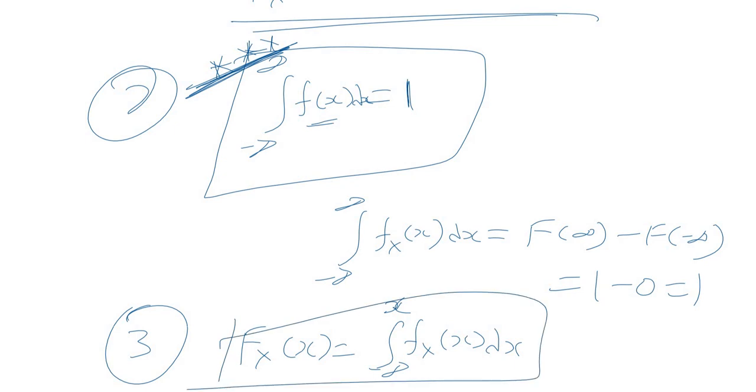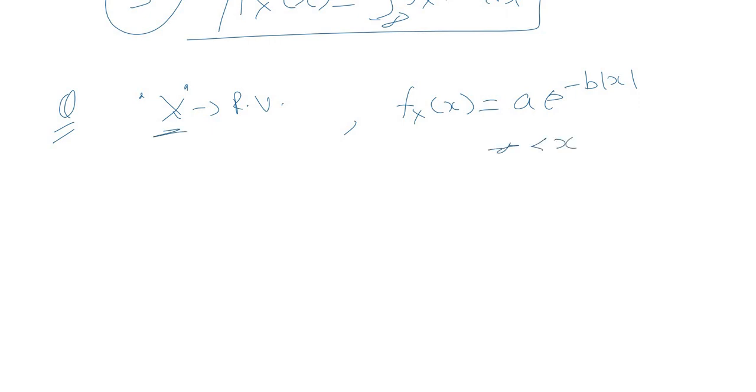Let's do an example based on the concepts studied till now. The question: a random variable x has the PDF a exponential of minus b modulus of x, for all values of x ranging from minus infinity to plus infinity, and the value of a is 3.